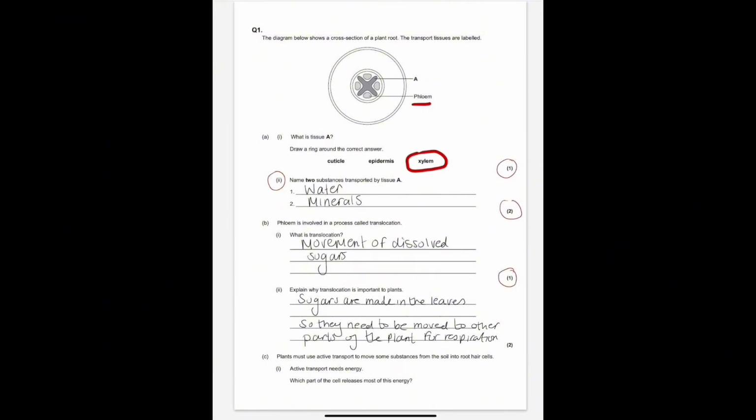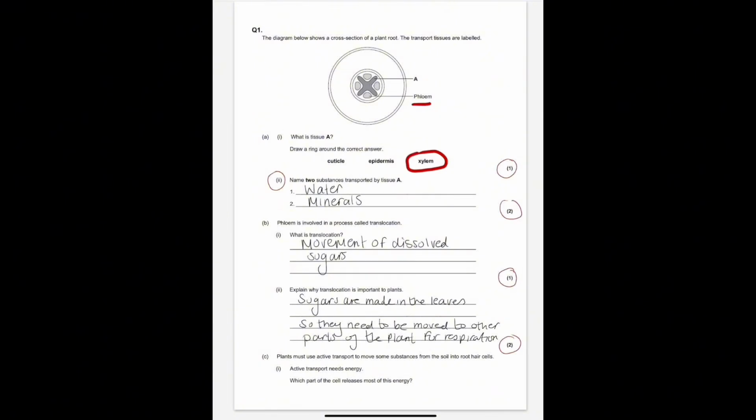Respiration uses glucose, so that's going to get you 2 marks. That is the reason why translocation is important to plants: because sugars are made in the leaves, they need to be moved to other parts of the plant for processes like respiration, or you could write down growth or storage, but I'd write down respiration, and that will get you 2 marks.